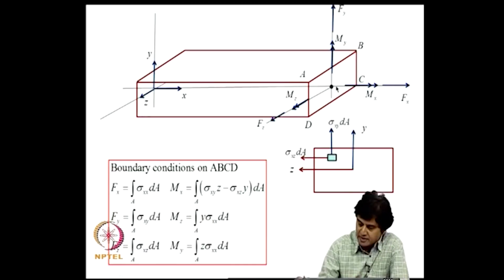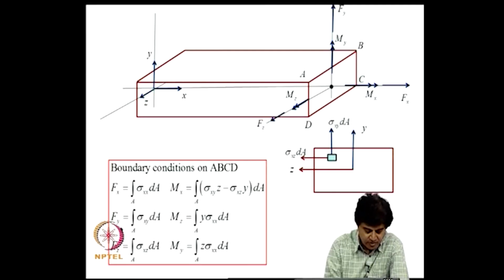Now, if you consider Fx, the integral of sigma xx dA must be equal to Fx. Sigma xx acts normal to ABCD, and this integral must be equal to Fx. Mx, which is the twisting moment, must be given by this. That is, you have to take moment about this point, sigma xy into this distance, sigma xz into dA into this distance will give this, and that must be equal to Mx.